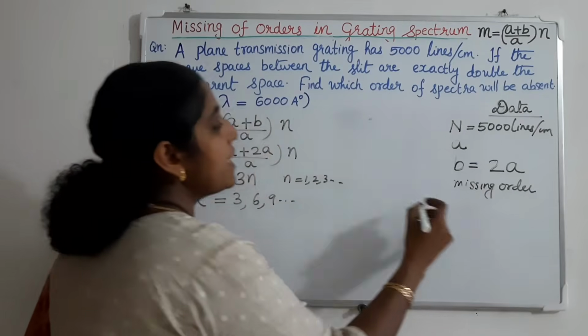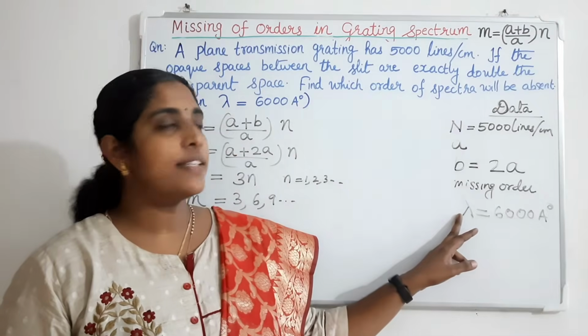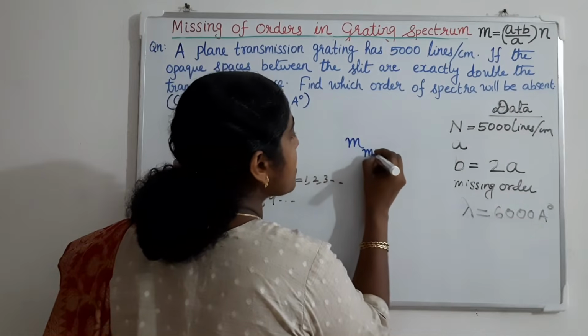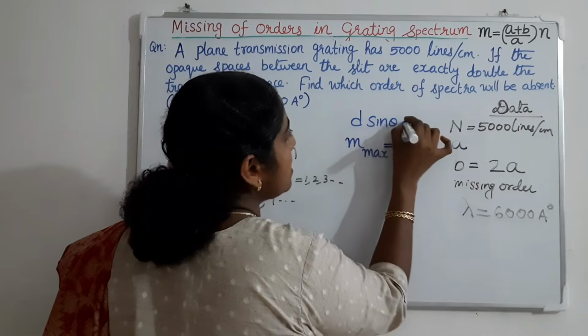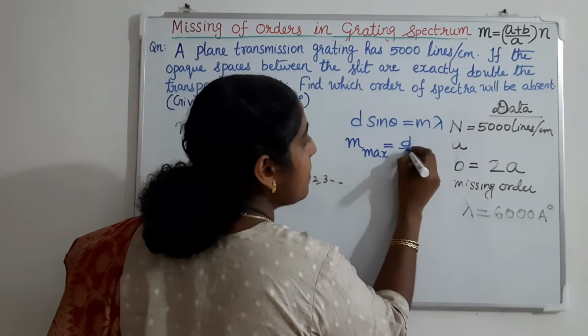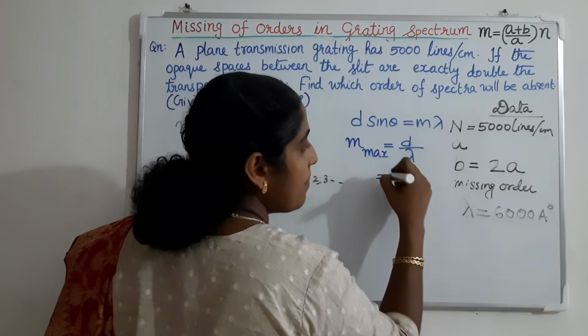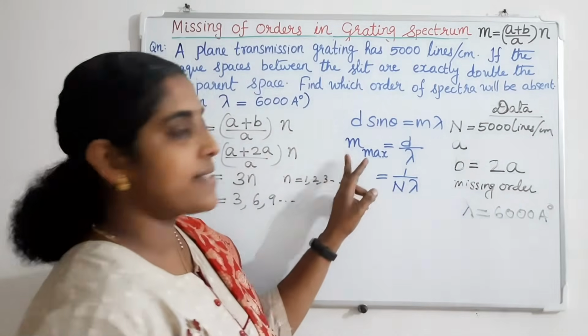Here wavelength of light is given as 6000 Armstrong. From the wavelength given and the number of lines per centimeter, we can find out the maximum order possible in this case. From the grating equation d sin theta is equal to m lambda, the maximum order possible is d by lambda. d is the reciprocal of number of lines per centimeter, so 1 by N lambda will give you the maximum order.